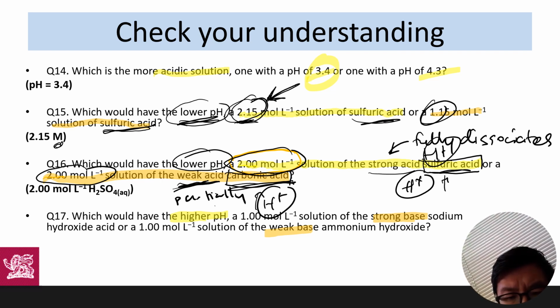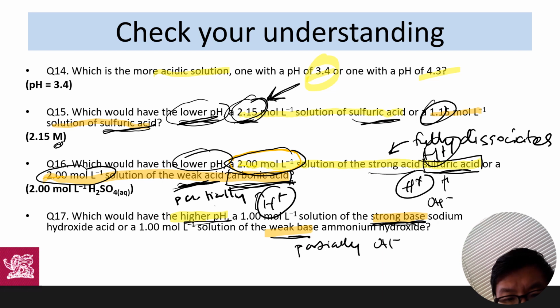So if we're talking about bases, and we want to know which one is higher, then we want to look for the stronger base. Stronger bases will dissociate all of their hydroxide ions, and weaker bases will partially dissociate their hydroxide ions.